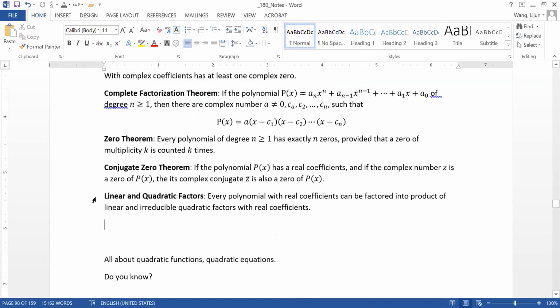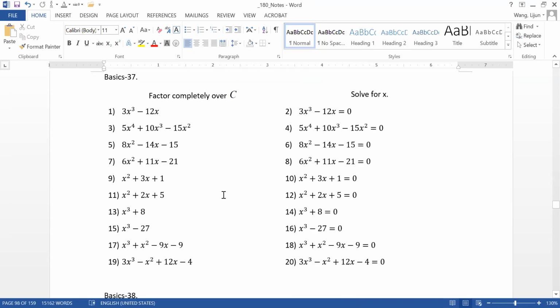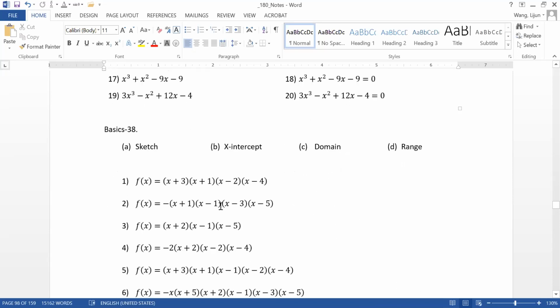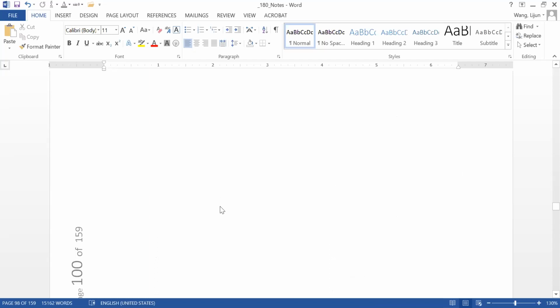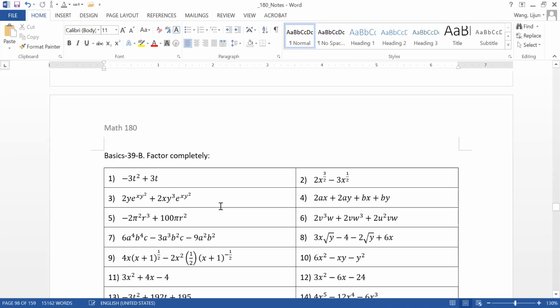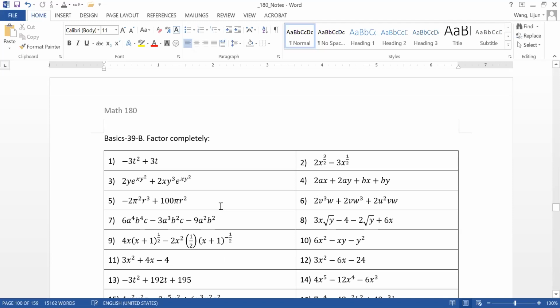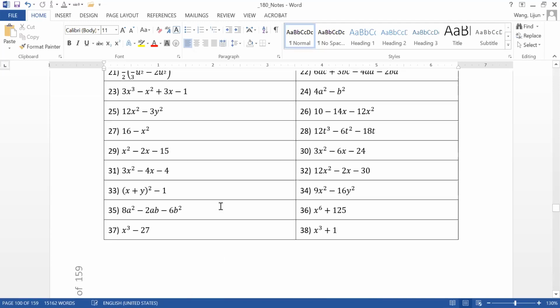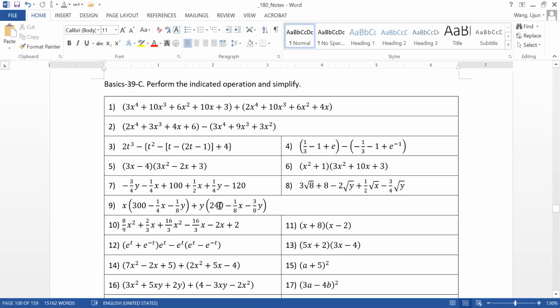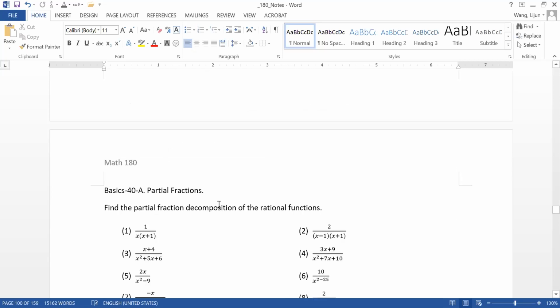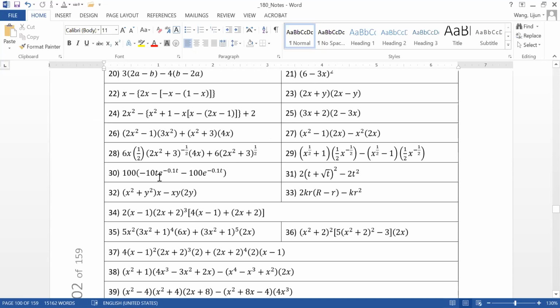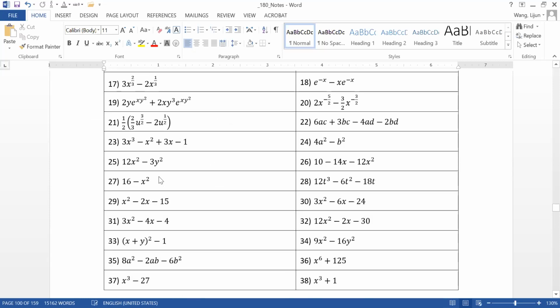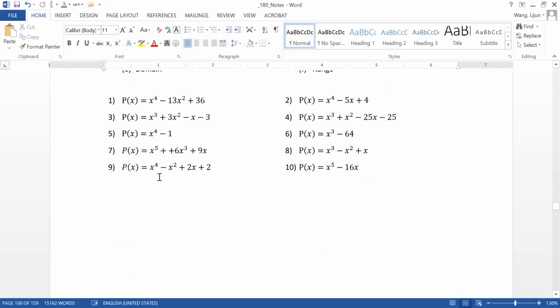And you guys can get started doing these factorings, like basic 37, basic 38, basic 39A, and so on and so forth. And you can see there's lots of variations you're going to see in calculus classes, but they involve a lot of factoring. I think looking ahead, that's what we're going to do tomorrow.